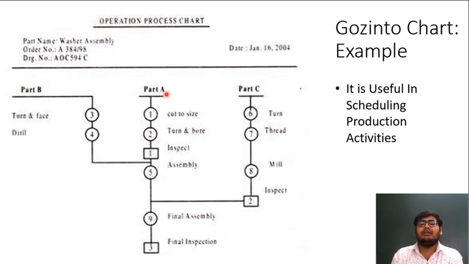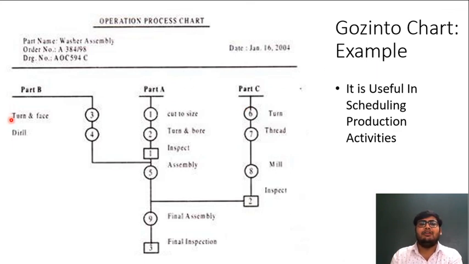We have seen that bill of material may also include data about processes that need to be done. So which processes will be performed for part A, which processes need to be performed on part B, and which processes need to be performed on part C. This information also will be generated from Gozinto charts.